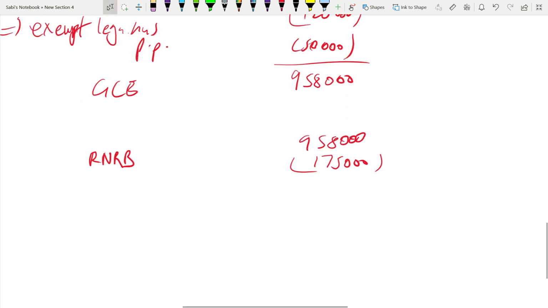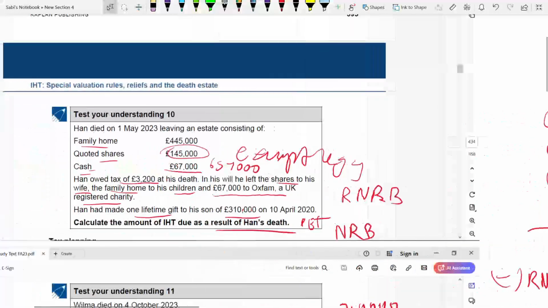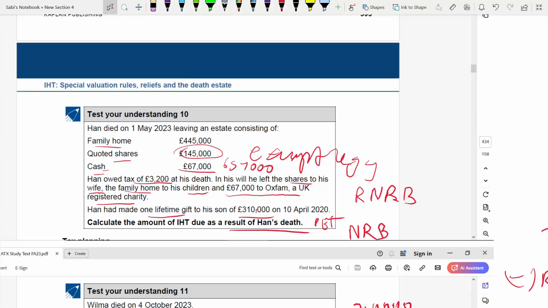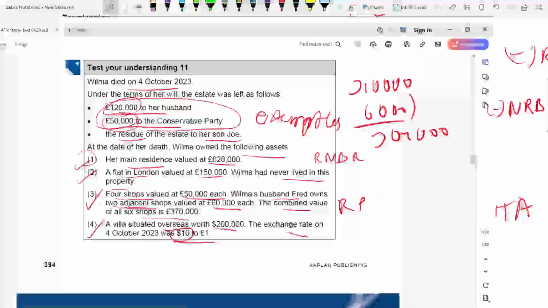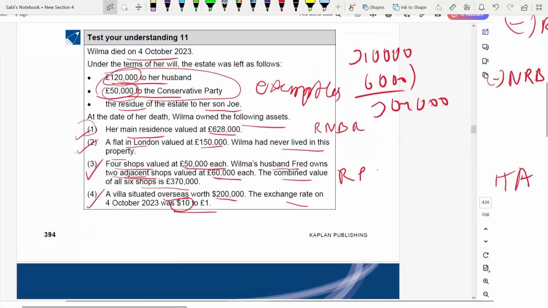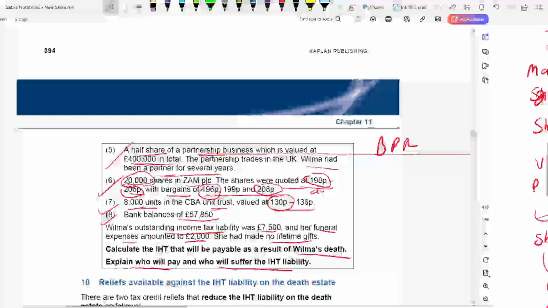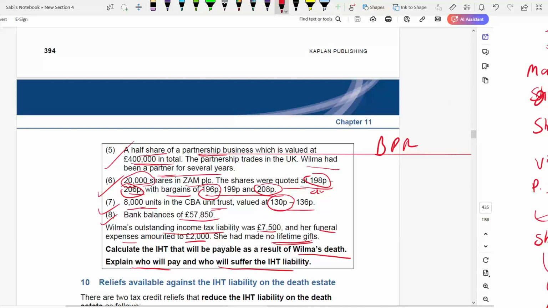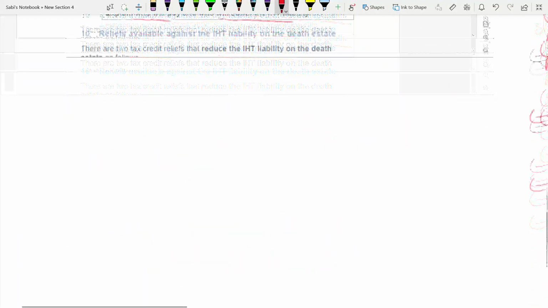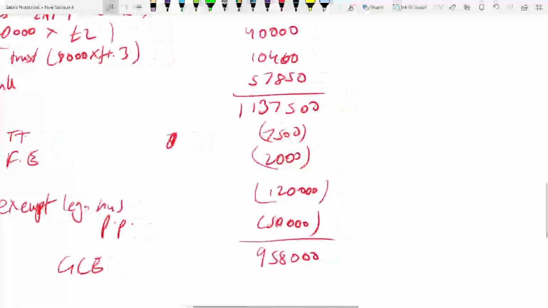And the nil rate band, 325,000. We'll see whether we have made any gifts or not. No lifetime gifts, so the entire 325,000 nil rate band is available.